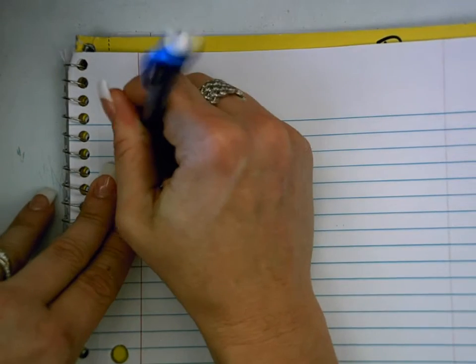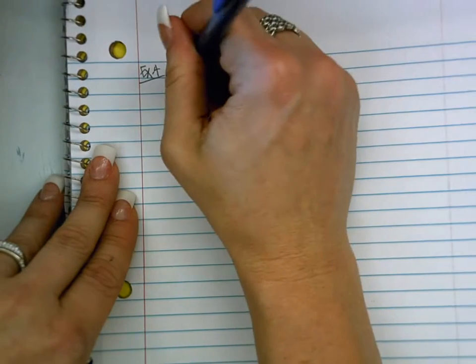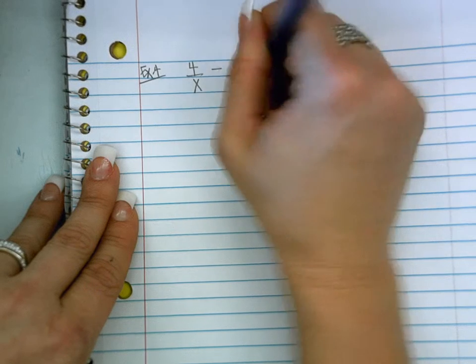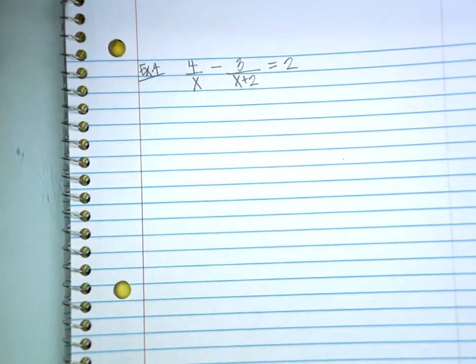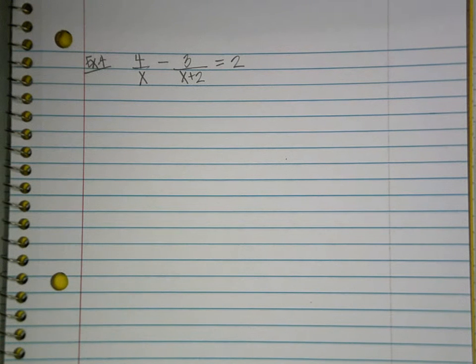Okay, for example number 4, I would like you to solve 4 over x minus 3 over x plus 2 equals 2. So there's more than one fraction on each side.